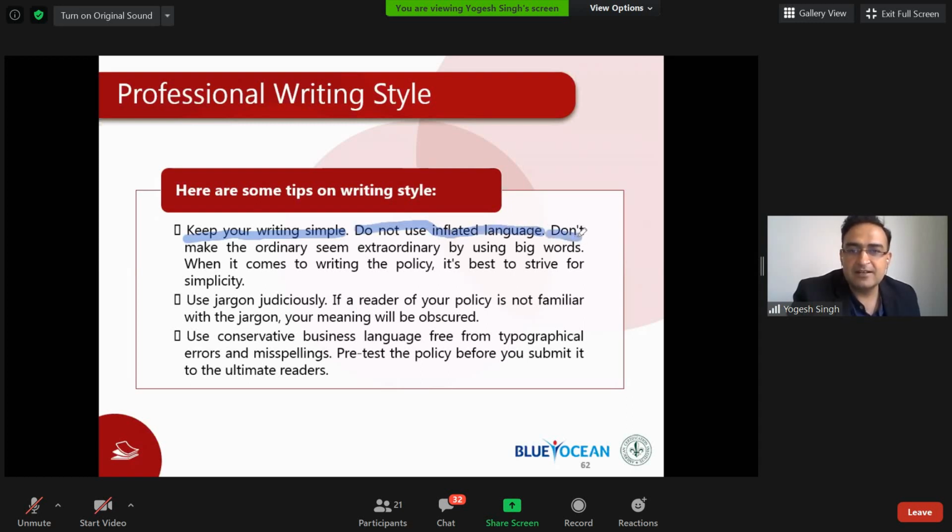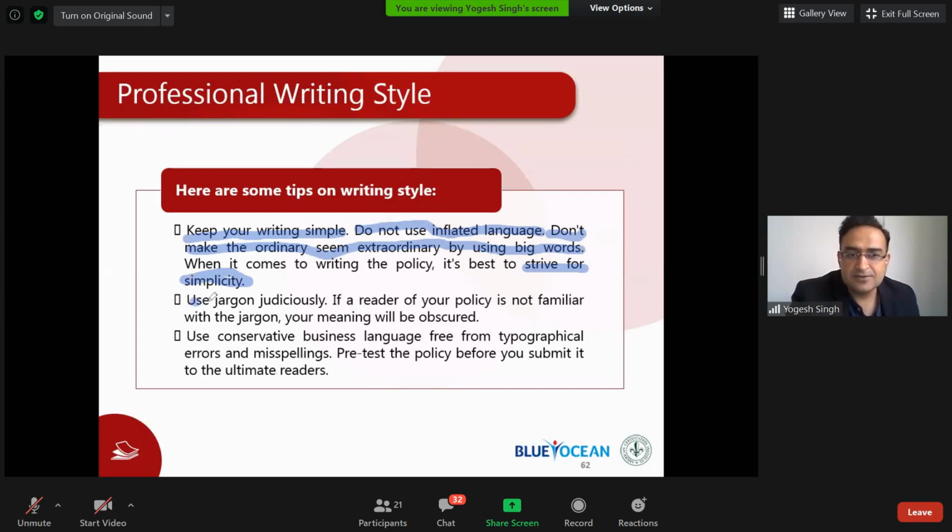Don't make the ordinary seem extraordinary by using big words. Strive for simplicity. That's one simple formula. All right, guys? Keep it simple, stupid, meaningful, relevant.